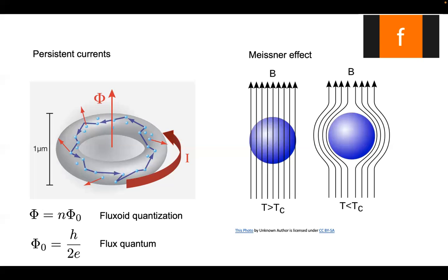The reason for that is because you have persistent currents on the surface of your superconducting material, so that you observe this nice phenomenon which is called the Meissner-Ochsenfeld effect.